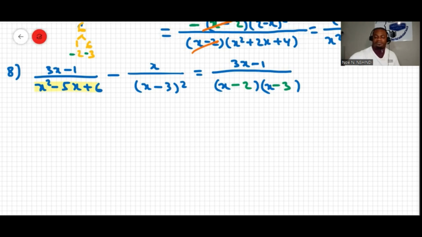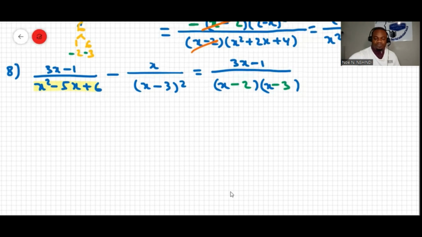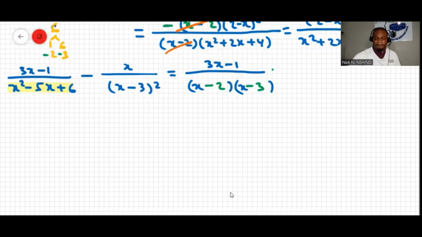Then it's minus x minus 3 to the power of 2 under x.